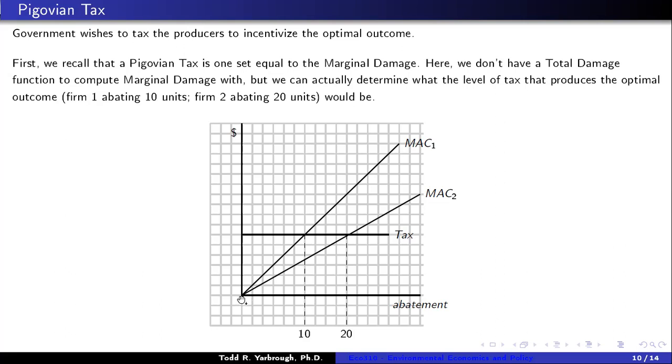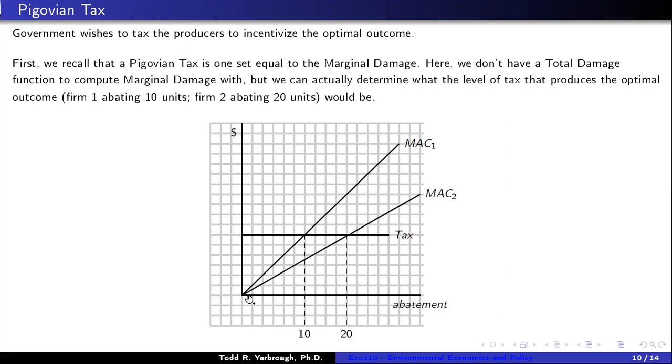Assuming they're abating 0, does it make sense for them to abate this first unit if this happens to be the tax? And the answer is yes, because the tax is significantly greater than the marginal abatement cost at this additional unit, which means it would be cheaper for the firm to abate, pay the marginal abatement cost, and avoid paying the tax.